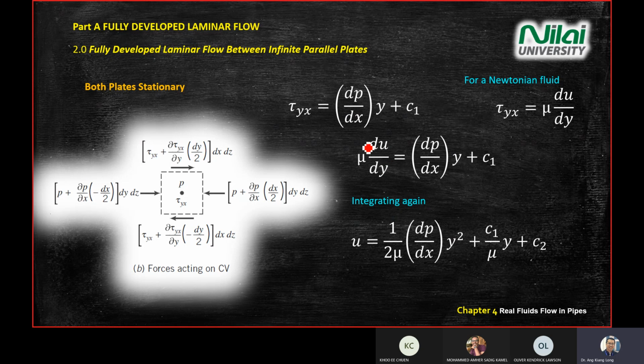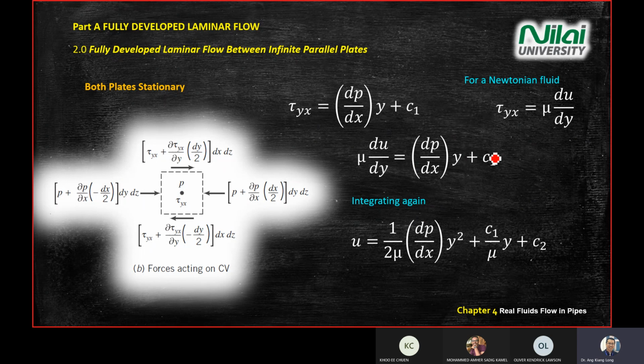You integrate this equation, you get u equal to 1/(2 mu) dp/dx y squared, because you move your mu to the left, 1 over mu. You move your dy over here, you integrate with y, and you get y squared divided by 2. That's why there's a half here.